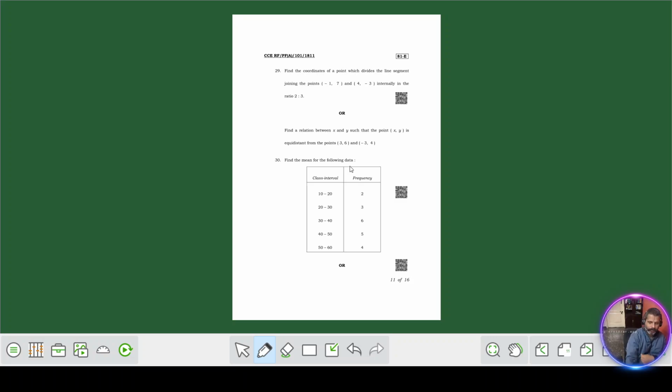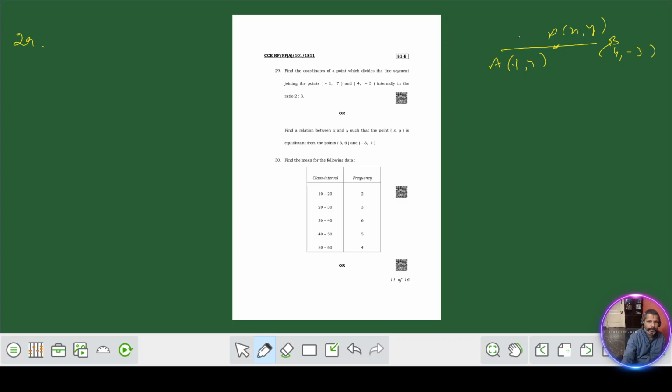Find the coordinates of the point which divides the line segment joining A(-1, 7) and B(4, -3) internally in the ratio 2:3. We have to find P of x, y.